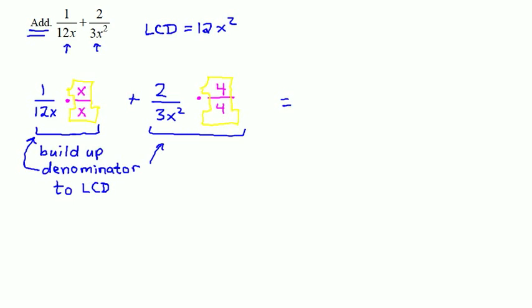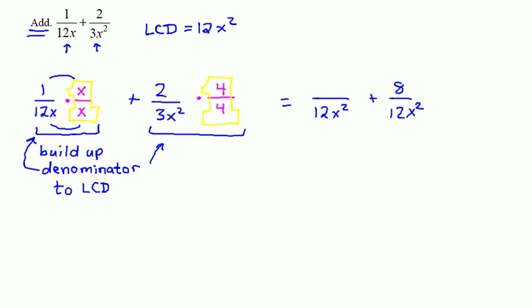Now if I go ahead and multiply across here and multiply across here, I can see that that first term then becomes x over 12x squared, and that second term becomes 8 over 12x squared. Now these are unreduced the way they appear right now, and that really is by design, so we don't want to ever start canceling common factors at this point.